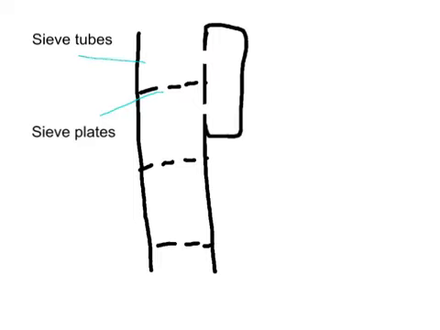So those gaps are called plasmodesmata, and of course it links the companion cell to the sieve tube by the cytoplasm. I'll draw that in now. That's it, plasmodesmata.